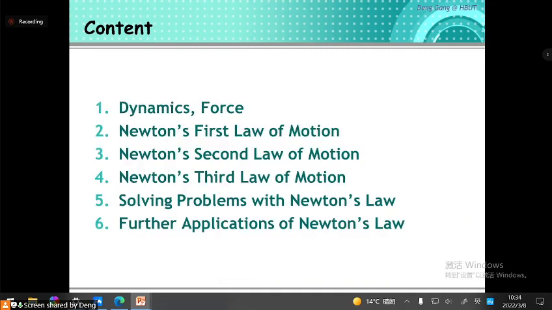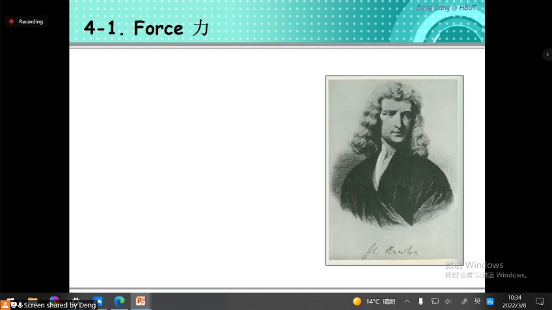So in this chapter, we are going to investigate these topics about force and Newton's laws, and how to solve problems with Newton's laws. Force can help us explain why things are moving like this. So we need the definition of force, but actually we did not know what force is at that time.